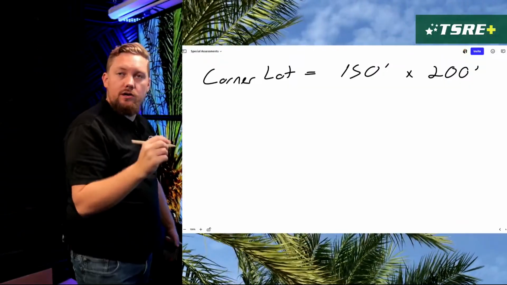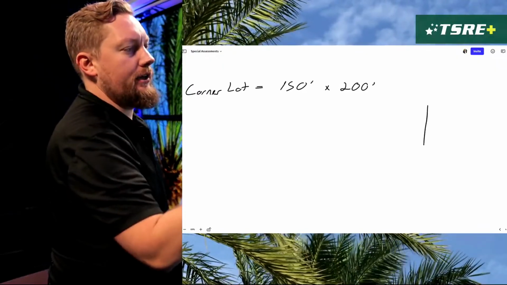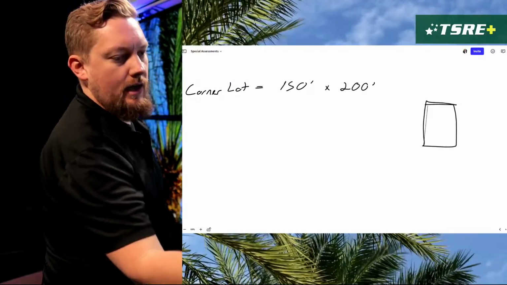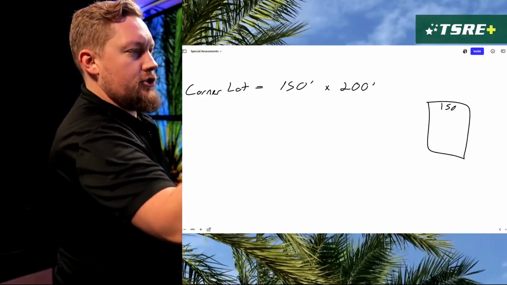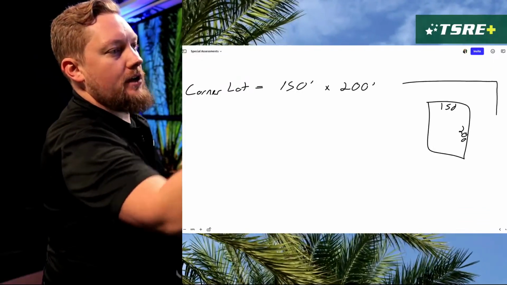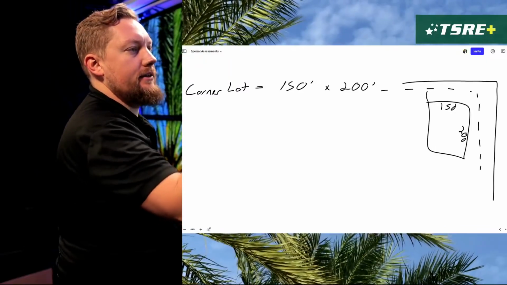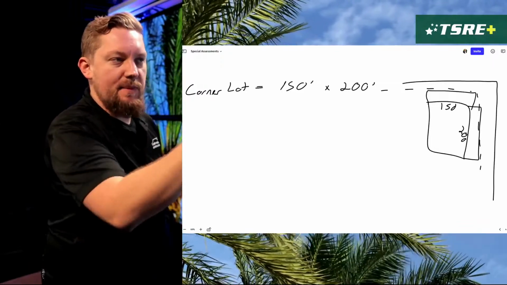So if it's a corner lot, that means in our drawing here, here's our lot. There's our short side, 150, our long side, 200. But if it's a corner lot, that means that we've got road there and there. So we're paying for this and we're paying for this, because it's based on frontage.